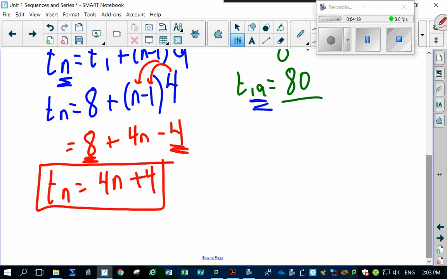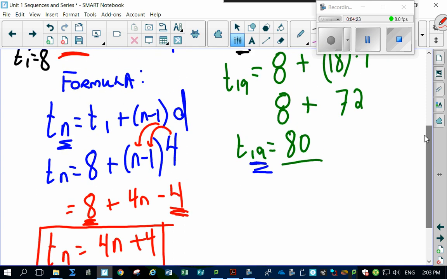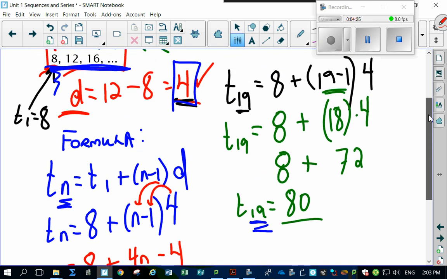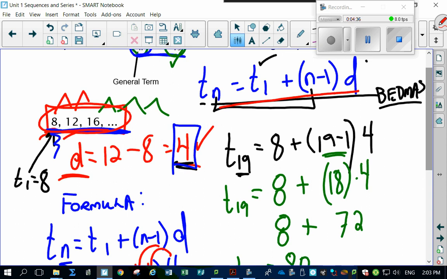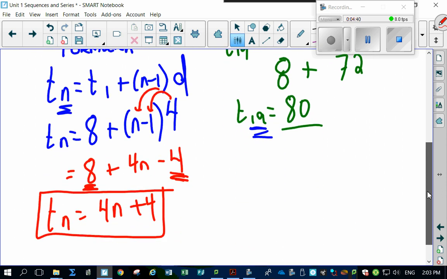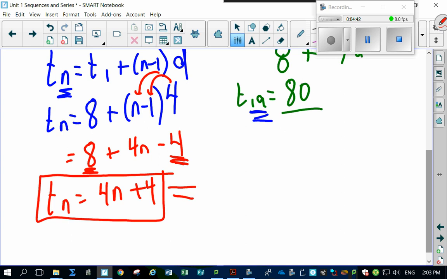That's actually the general formula for this specific sequence right up there. That's the formula to determine any part of that sequence. So you can use the traditional formula, which is this guy here, or you can use the kind of condensed formula, what we just figured out right here.